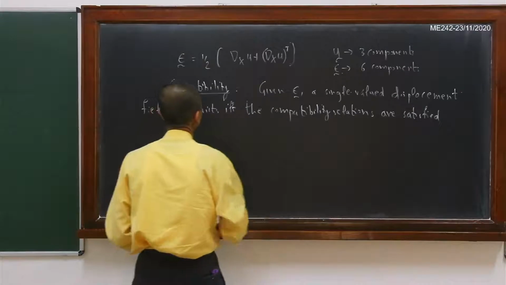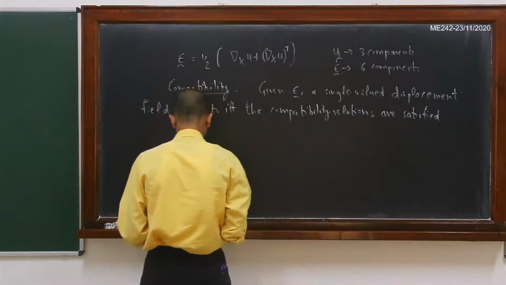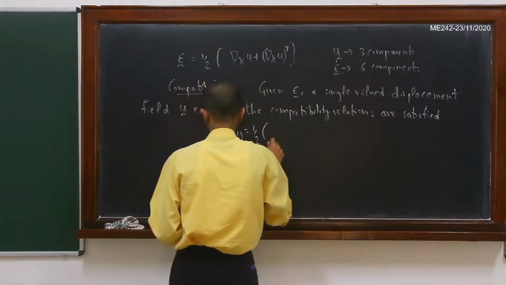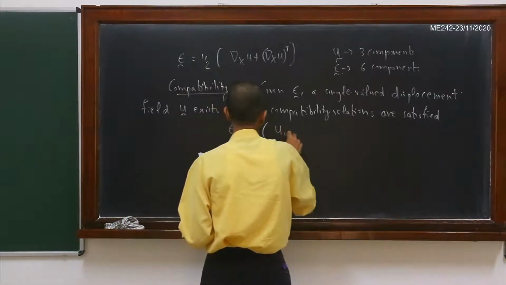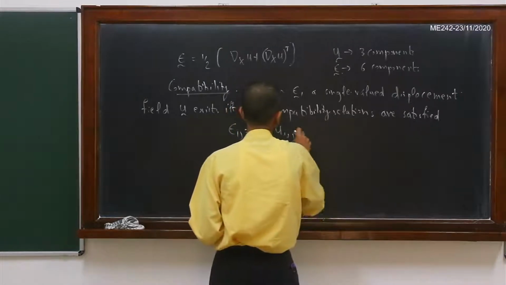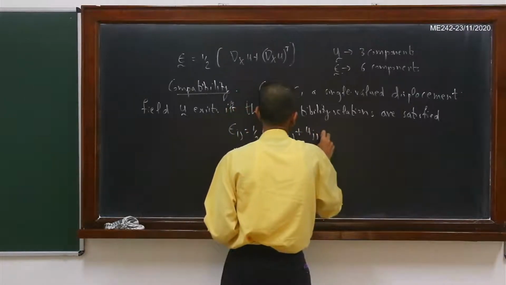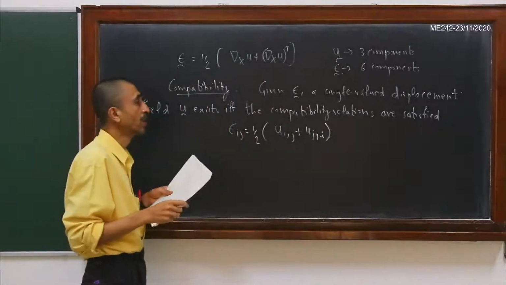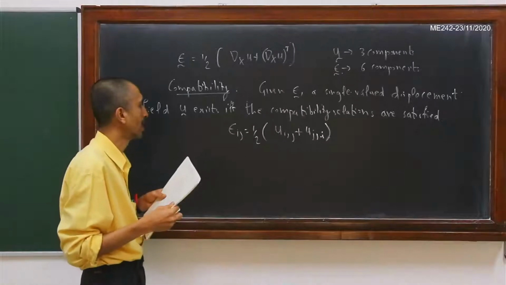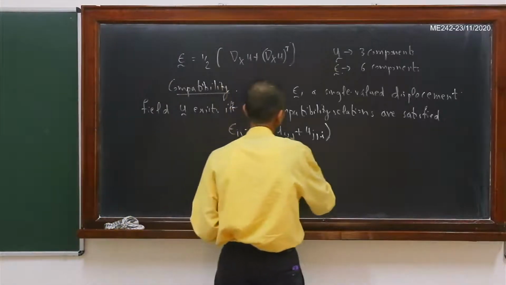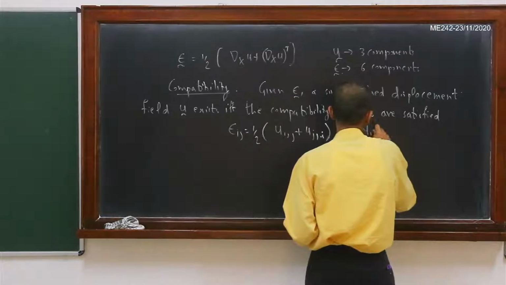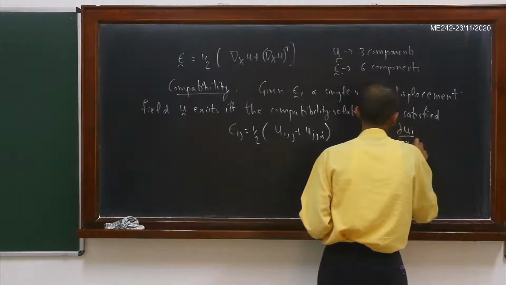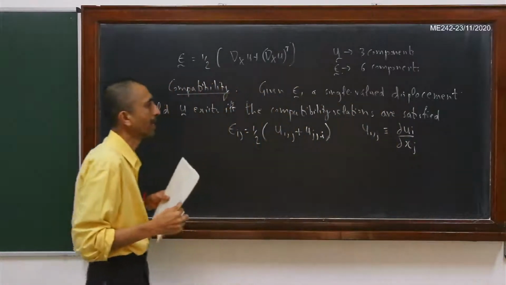If I write this set of equations in index notation, that is epsilon ij equals half of u i comma j plus u j comma i. This comma notation is used to denote differentiation. So u i comma j is nothing but del u i by del x j.